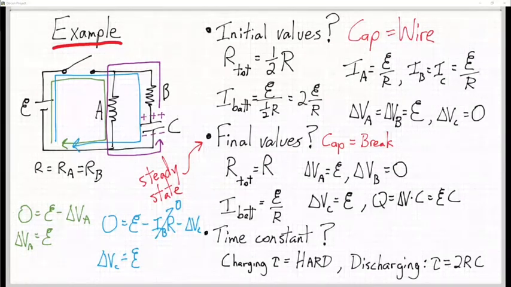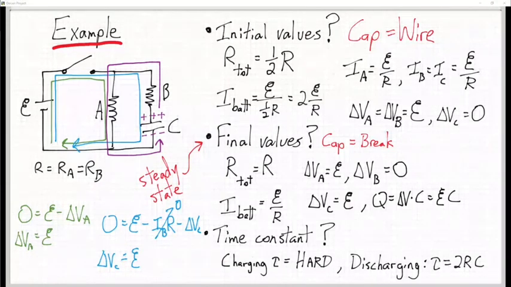But this is an example of a slightly more complicated circuit than the one I started with. The problem set that I'm assigning has a bunch of other RC circuit layouts, again, that you'll have to think about along these lines, where often it'll ask about the initial and final values.